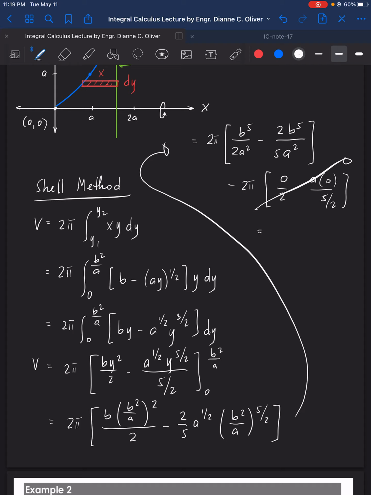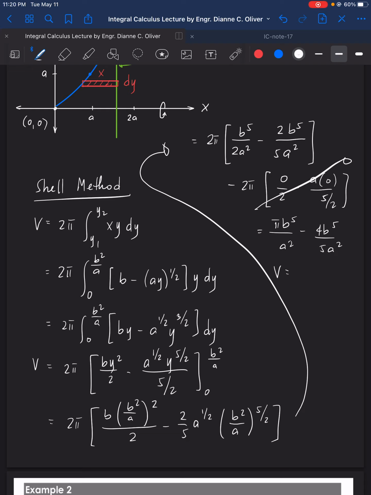So what's left is pi b raised to 5 over a squared minus 4b raised to 5 over 5a squared. So volume now is equal to, what is 5 minus 4?